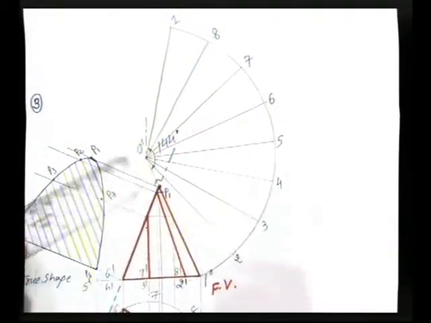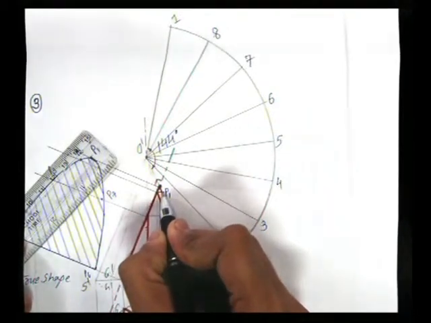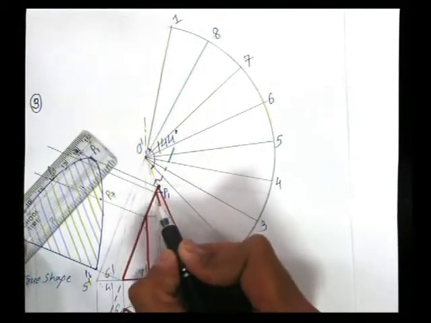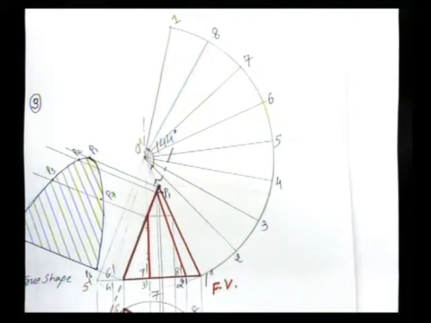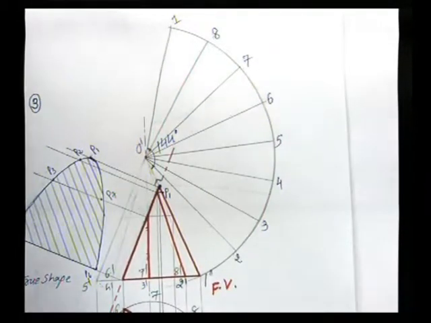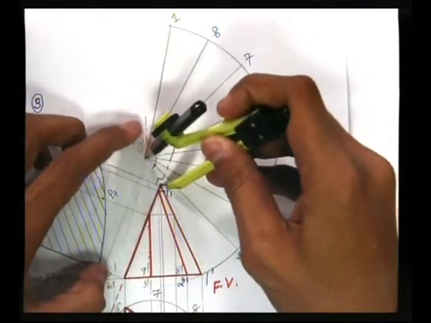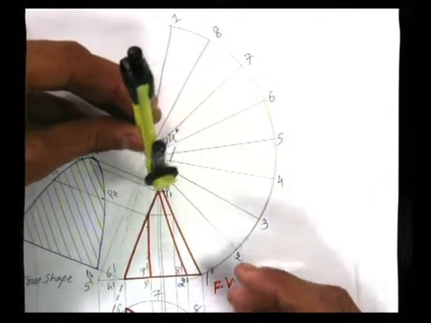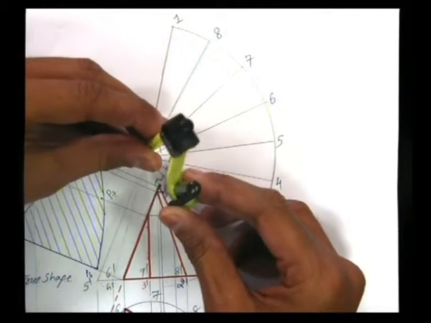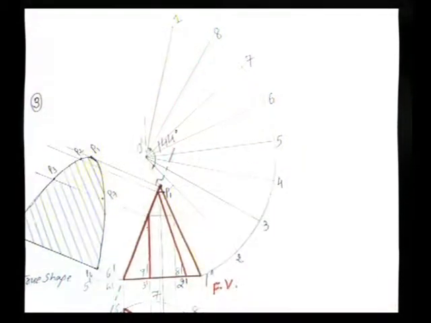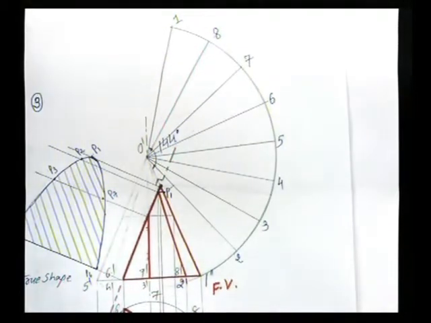The straight horizontal line will cut O dash 1 dash at this point, and from this point draw an arc. Take O dash as a center and O dash to this marked point as a radius, and draw an arc like this, and that arc will cut O2.